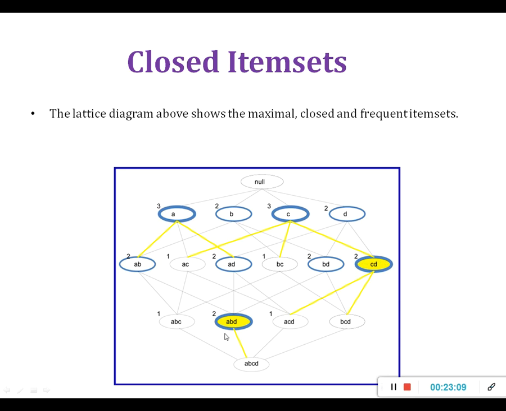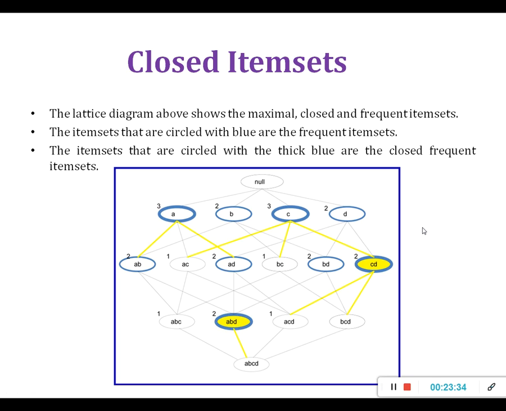If I am talking about ABD, it has support count 2. If I compare it with its supersets, again it is not matching, because if a superset is not mentioned, it does not occur even once, which means its support count is 0. Again 0 is not equal to 2, and that's why ABD is my closed item set.